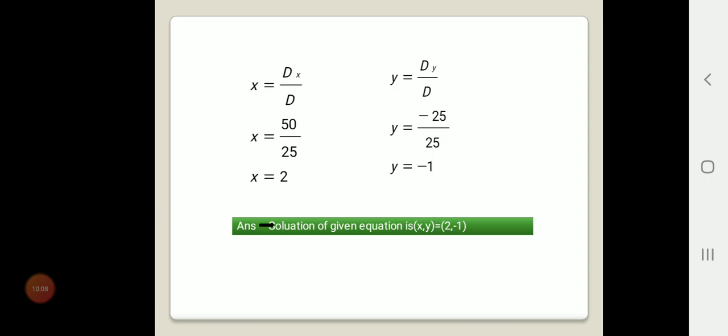And y is equal to Dy upon D. The value of Dy is minus 25 and the value of D is 25. Minus 25 upon 25 is minus 1. So y is equal to minus 1. 2 and minus 1 is the solution of our given equations by Cramer's method. Thank you very much.